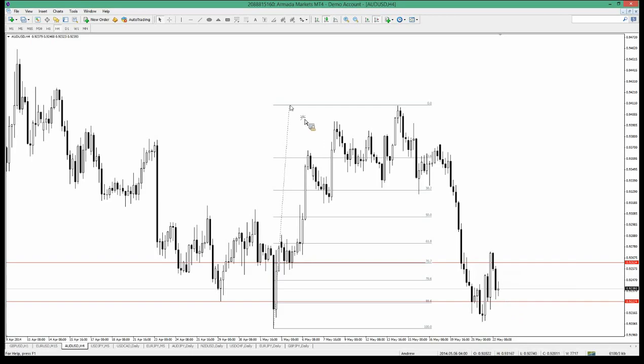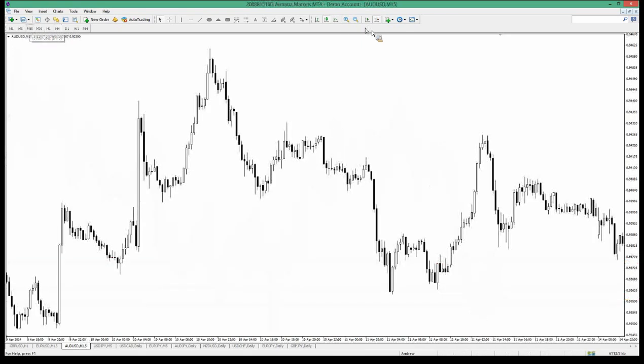Those are the only two levels on the chart at the moment. So we are looking for selling opportunities and buying opportunities. Let's go to the 15-minute chart quickly.